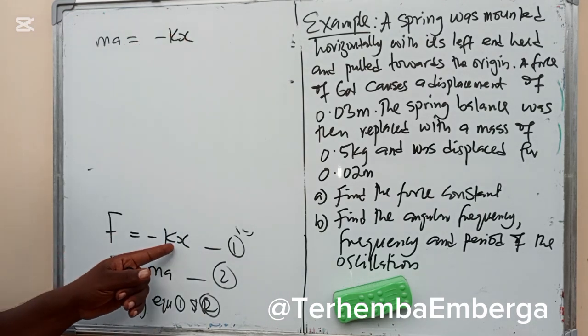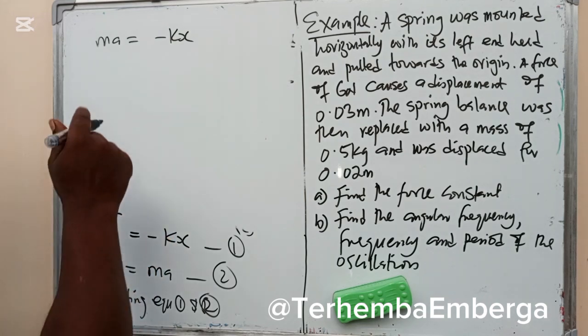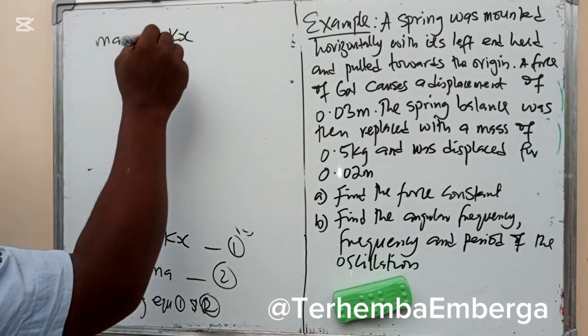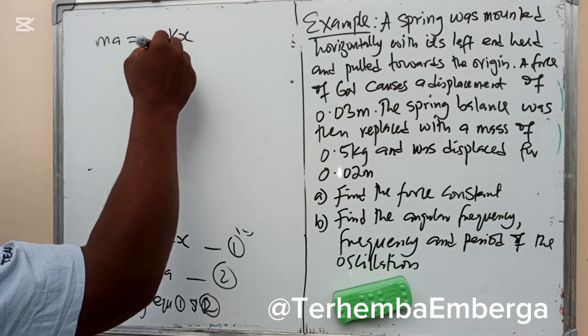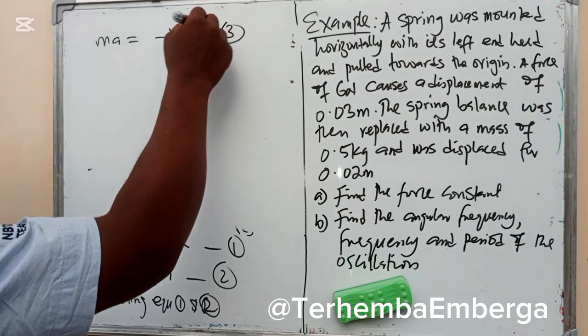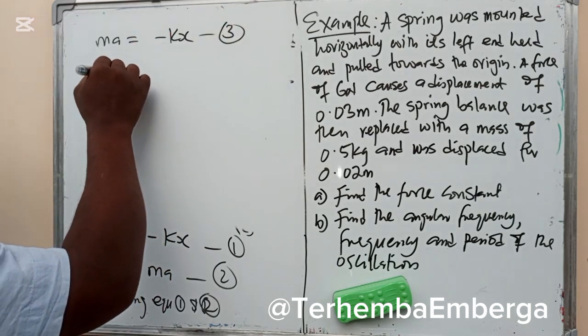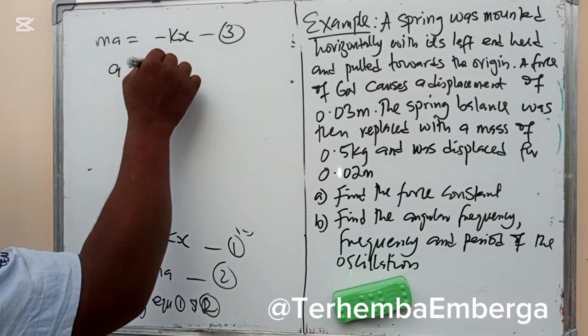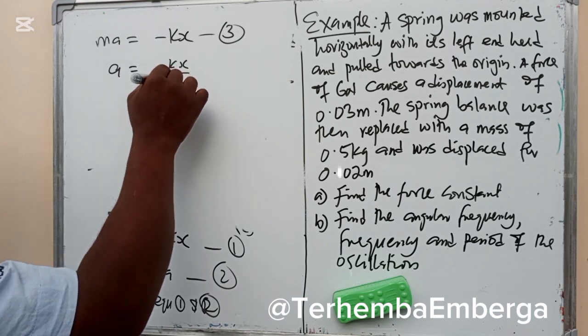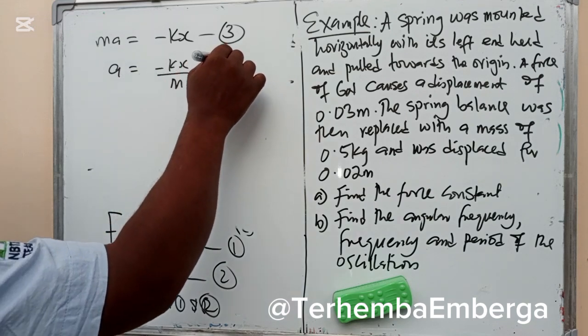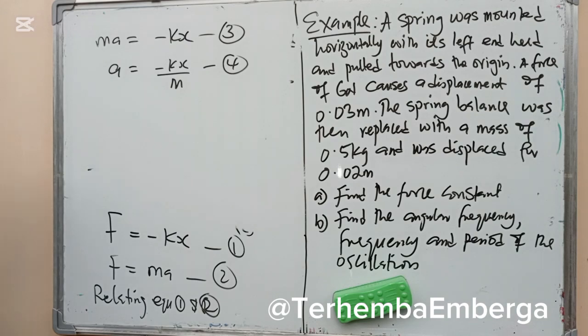If F is equal to this and F is equal to this, ma will be equal to minus kx. This is equation 3, and if you make a the subject, a now will be equal to minus kx all over m. Maybe this is equation 4.